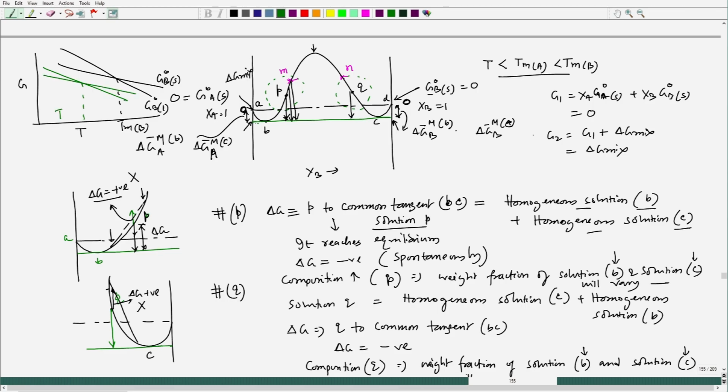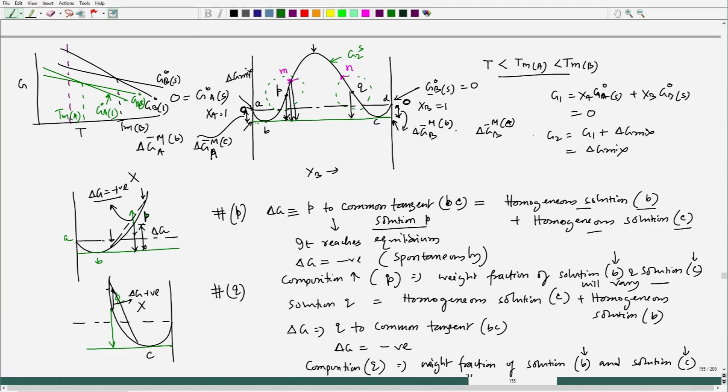So, this is T_M A and this is G_A naught solid, and this particular line is G_A naught liquid. Fine. So, if I take a temperature here, I can easily assign the pure solid free energy to be 0. So, this line itself becomes G2 of solid.